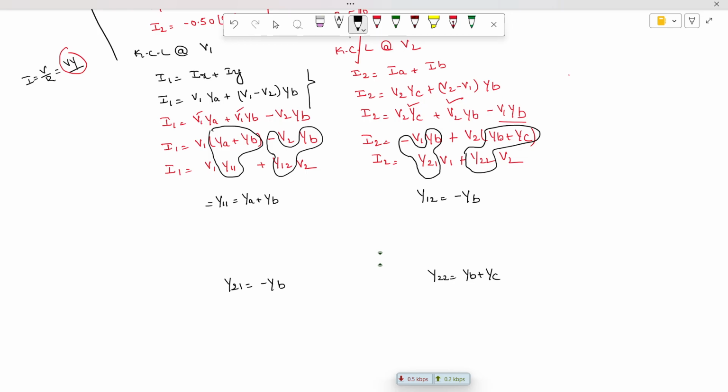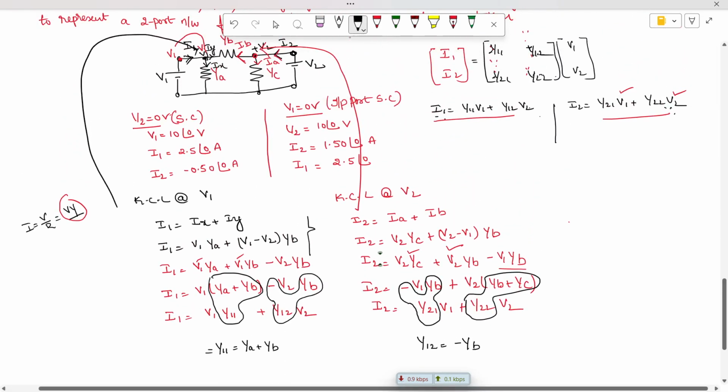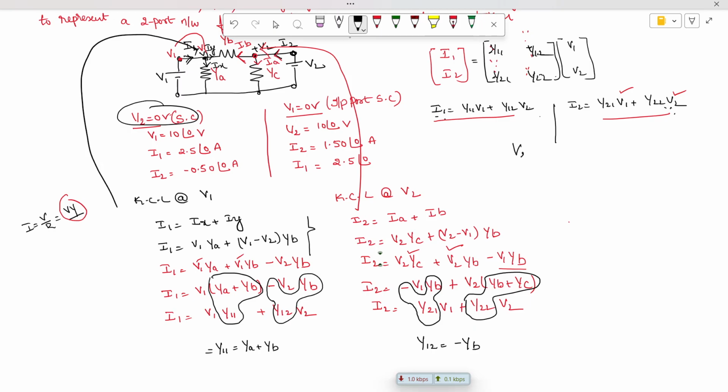From this equation, as per the given question, let's take V2 is equal to 0. When V2 is equal to 0, this term and this term will become 0, and you are going to have Y11 is equal to I1 by V1, and Y21 is equal to I2 by V1.